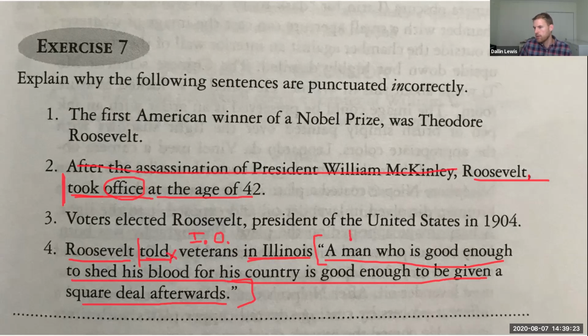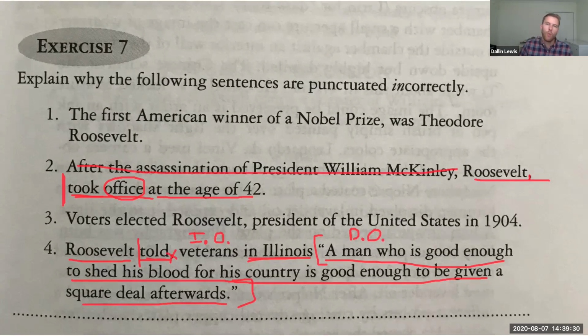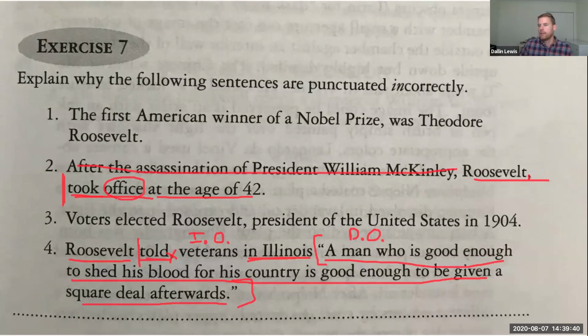So all this is the direct object. He is saying this to veterans. Again, one way to test indirect object to direct object: could you put the preposition to in front of the indirect object and make it a prepositional phrase, and you could. But in this case, it's Roosevelt told veterans, and what did he tell them? This whole sentence. In Illinois is just the optional adverbial.